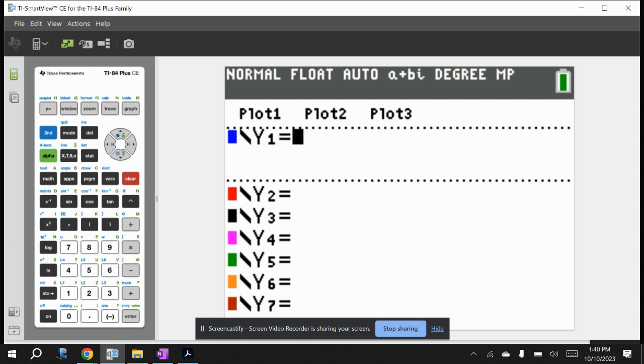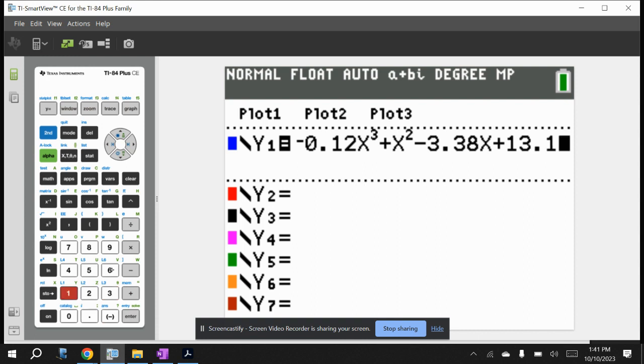So I'm going to go to my calculator. I'm at y equals, and I'm typing in that equation. Negative 0.12 x raised to the third plus x squared minus 3.38x and then plus 13.16.